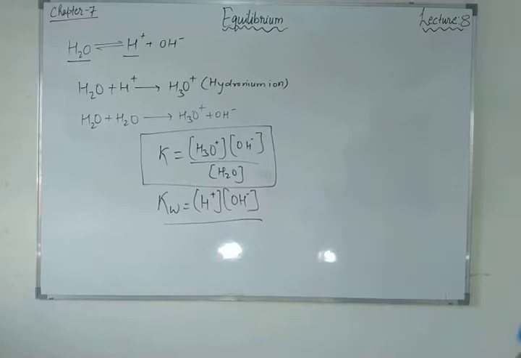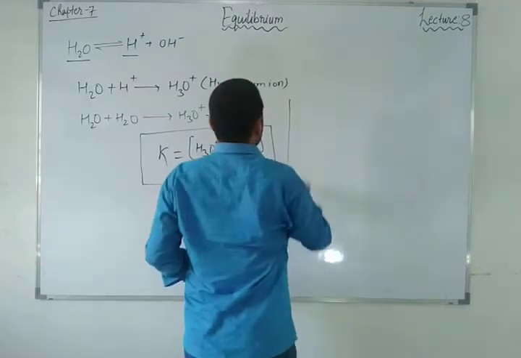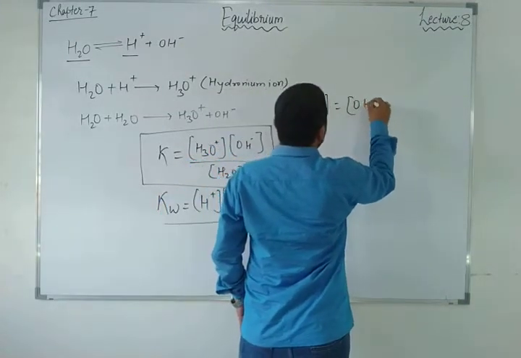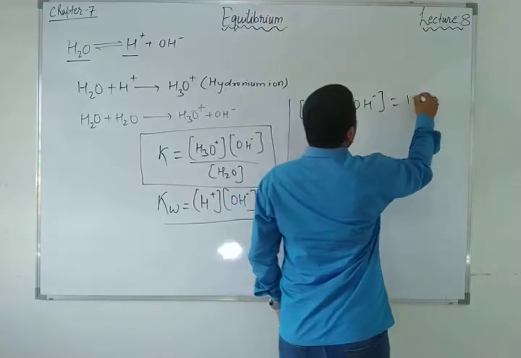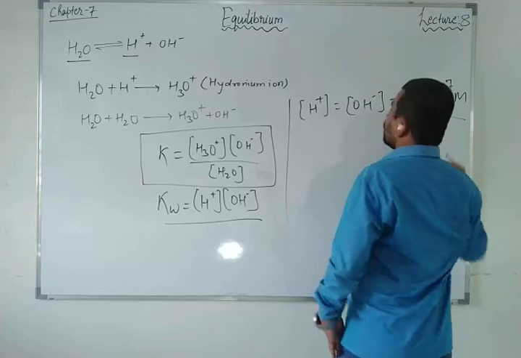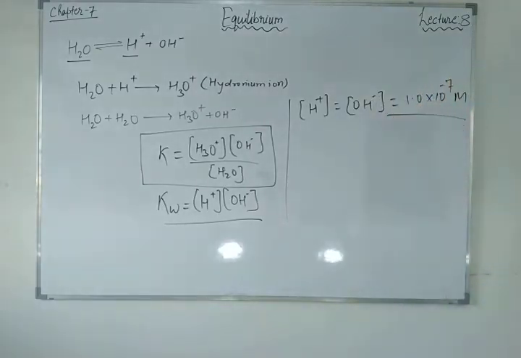The value of H plus and the value of OH minus are equal to 10 to the power minus 7 molarity. What is this? This is the concentration of hydrogen and hydroxyl ions at 298 Kelvin temperature.